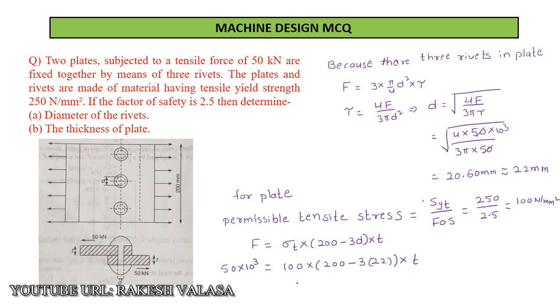Now simplify this equation, we get t equal to 3.73, approximately this value is 4 mm. He is asking the diameter of the rivet, which is 22 mm, and thickness of the plate is 4 mm. This is the solution for the given problem.